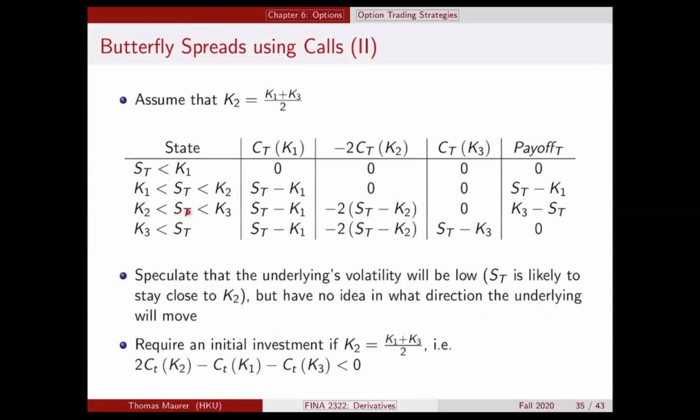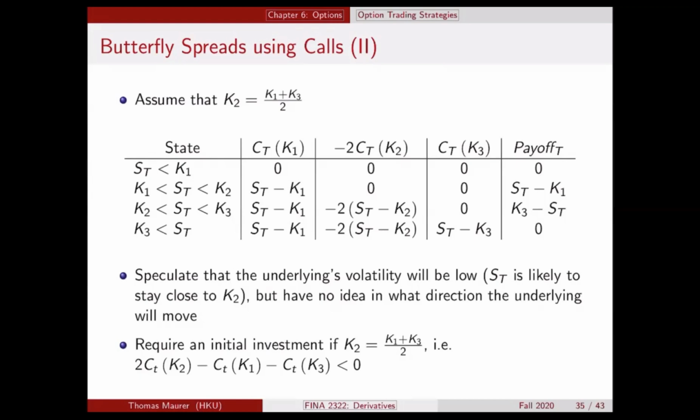Then if the price of the underlying is between K2 and K3, now you still keep receiving ST minus K1 from that first call option which you buy, but now you lose 2 times ST minus K2 from the 2 short positions in the call options with strike price K2. So in this case now your counterparty will exercise the option and you lose on the 2 options which you short sell, each you lose ST minus K2. So what is the combined effect?